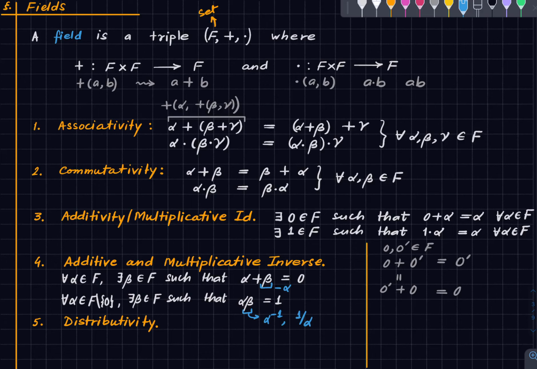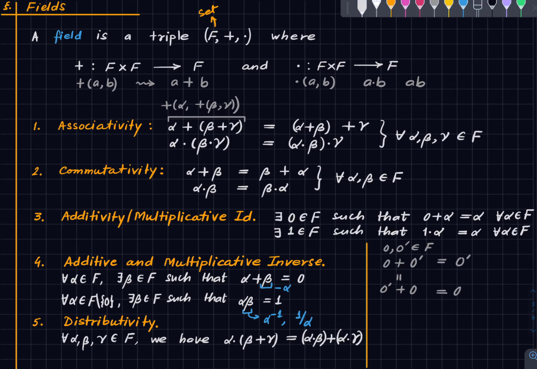Okay. Lastly, the distributivity property. For all alpha, beta, and gamma in the set F, we have alpha dot (beta plus gamma) is alpha dot beta plus alpha dot gamma, where of course I should put brackets so that there is no confusion.